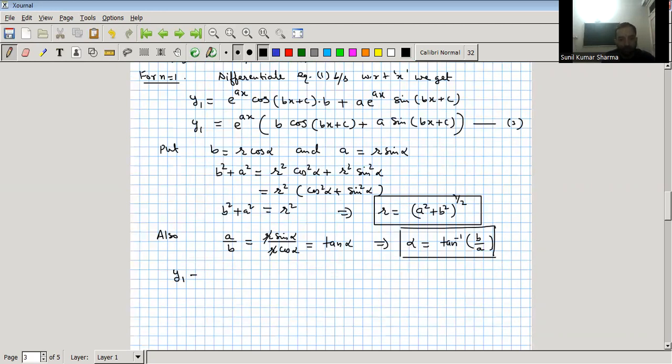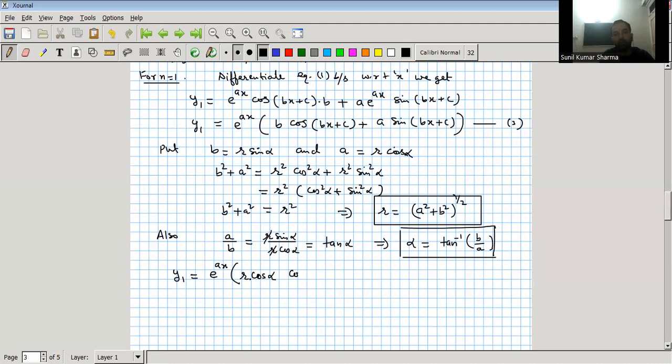What is y1? e to the power ax, with b equal to r sin alpha and a equal to r cos alpha.